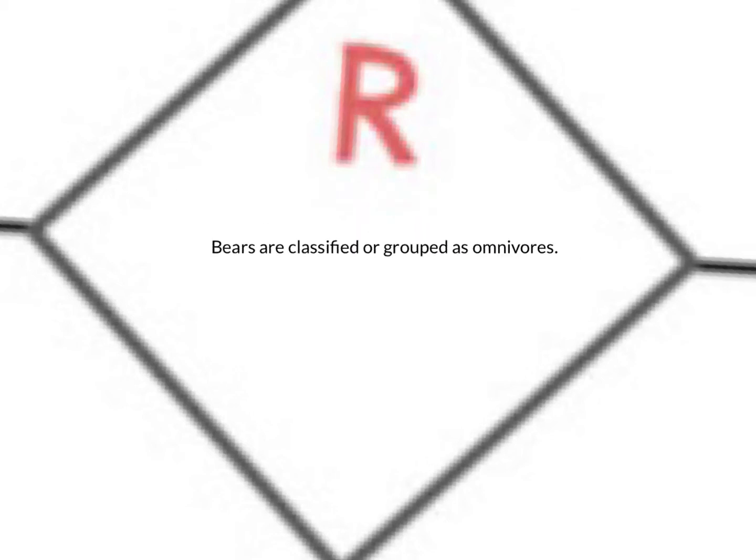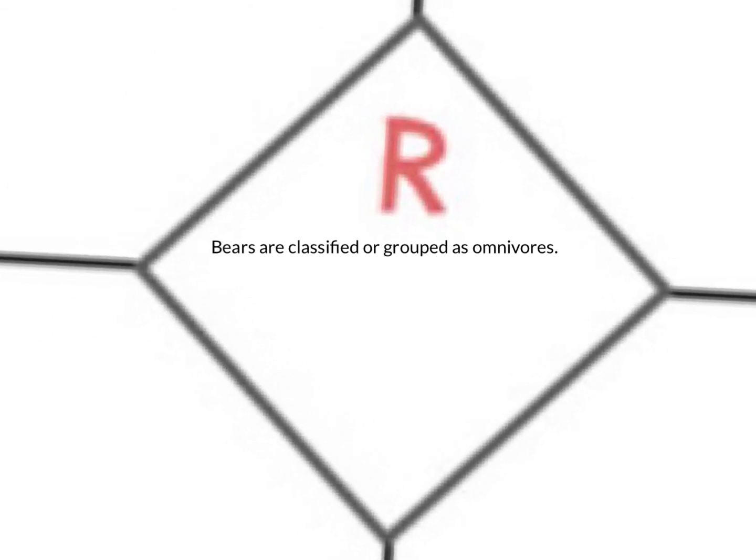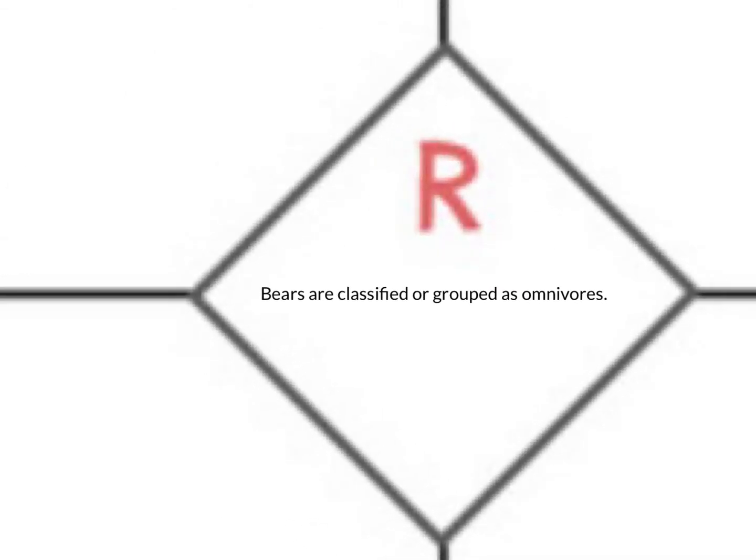So since my text says that word, I'm going to also say that word. Bears are classified or grouped as omnivores. Now that we have written our R, bears are classified or grouped as omnivores, tomorrow we will pick up with the A in RACES. So all students are keeping their brainstorming safe in their writing folder.